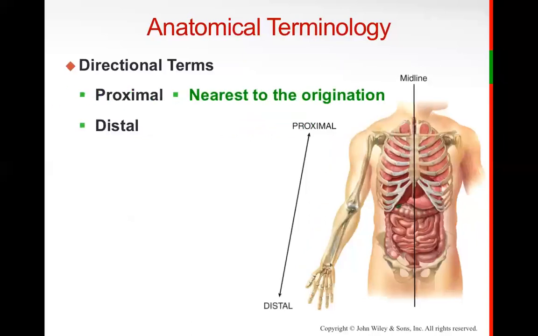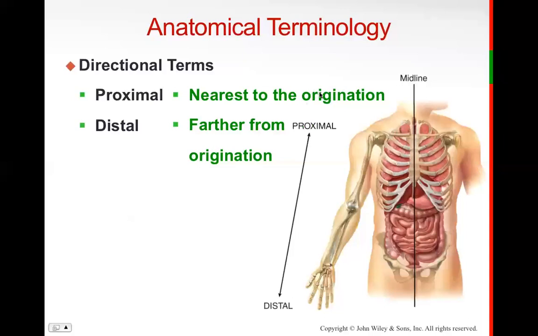Now, proximal is always referring towards what we call the origination, all right? So the origin of something. It's kind of a weird term. For now, just think of it as being closer to the midline, which usually is, not always, but usually, and distal would be farther from the origination, all right? Now, where these terms origin really will become useful is when you're thinking about your muscles.